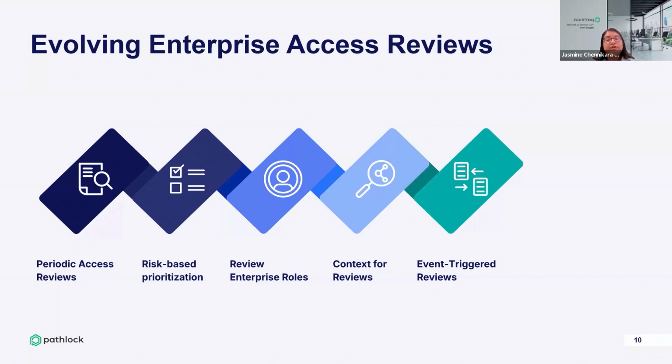By kicking off reviews at these key transition points, we can make sure roles and permissions are reevaluated in near real time. This helps prevent privilege creep, aligns access with business needs, and cleans up outdated roles before they become an actual risk. So it's a smarter, more effective approach, doing these event-triggered user access reviews rather than waiting for the next review cycle to catch up and find those risks.